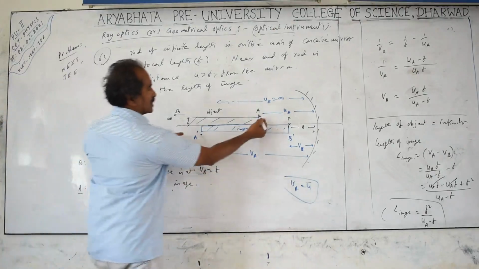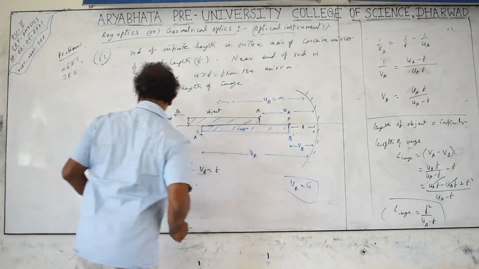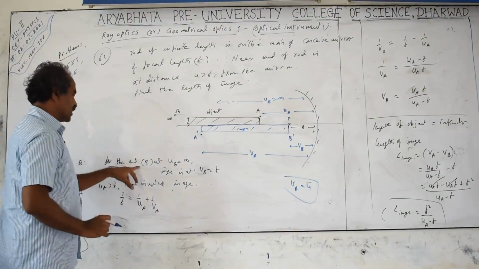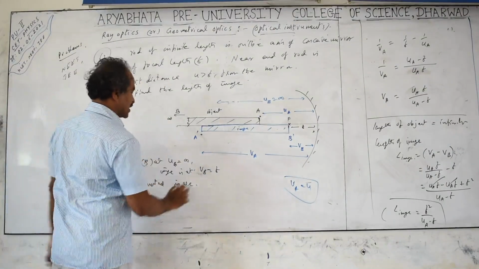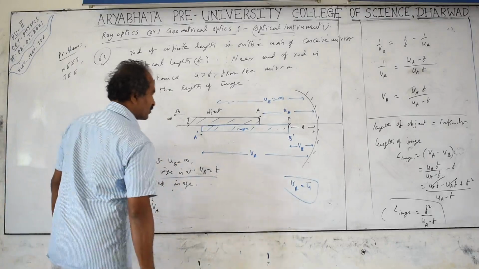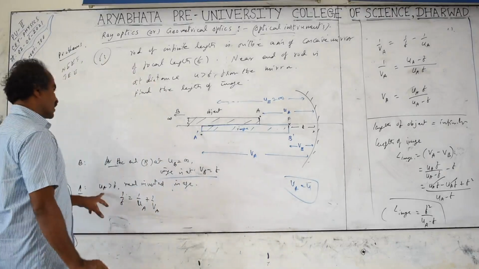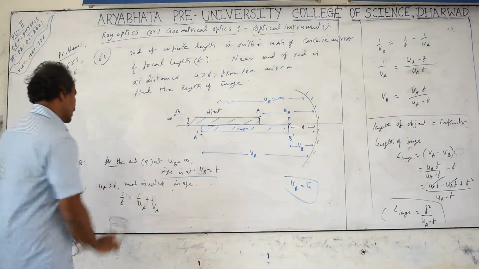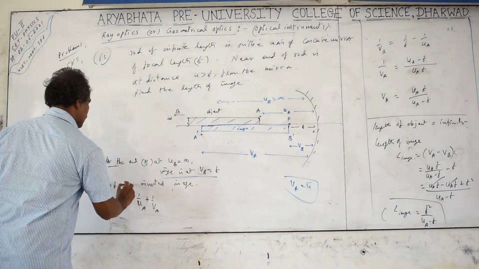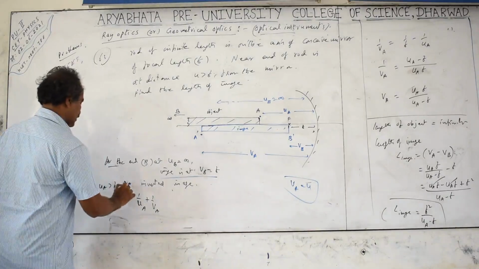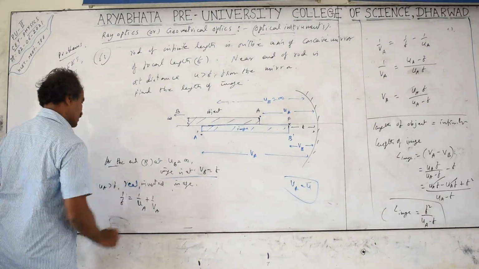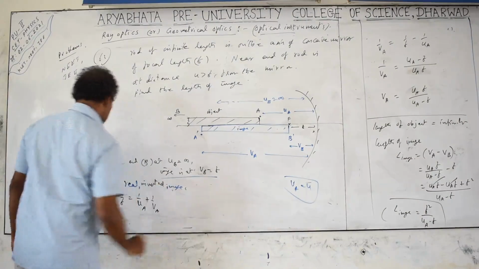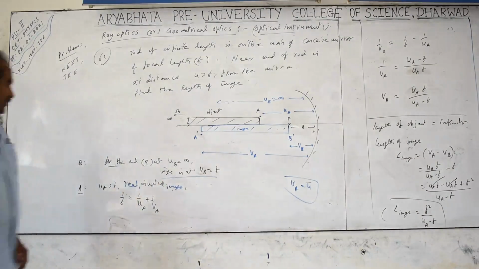For the end B at infinity, the image is at focus, VB equal to f. But for the near point, UA is greater than f, so this is a real and inverted image.